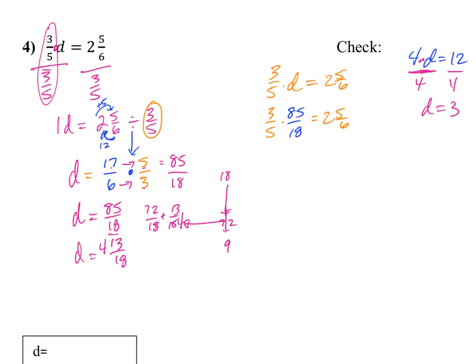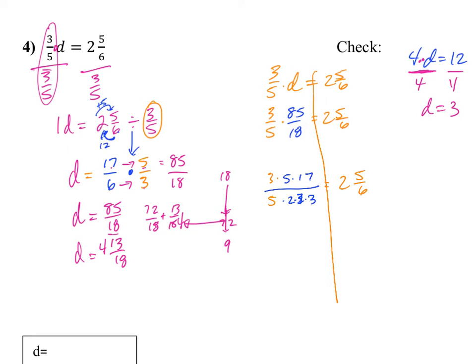When I look at this, I have a 3, and 85 is 5 times 17. And then I had 5, and 18 is 2 times 3 times 3. This other side was 2 and 5/6.